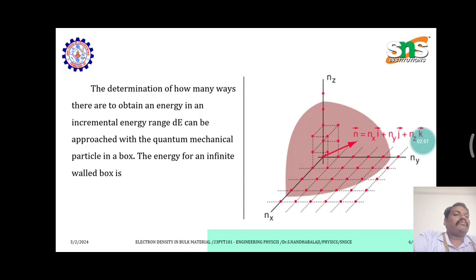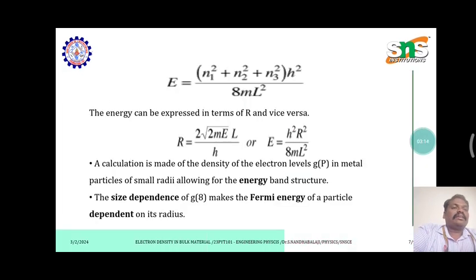The determination of how many waves there are to obtain an energy in an incremental energy range dE can be approached with the quantum mechanical particle in a box. The energy for an infinite walled box is E = (n1² + n2² + n3²) h² / 8mL².